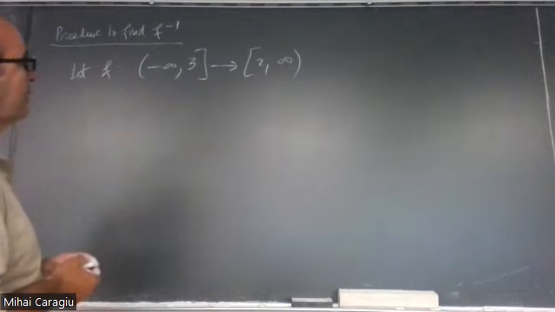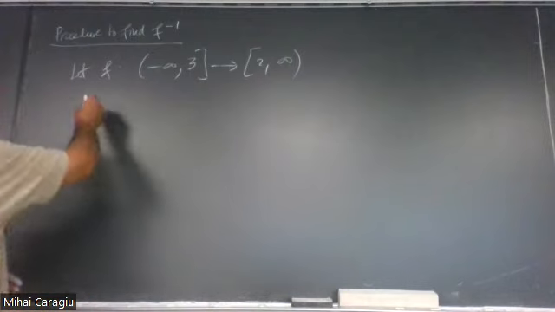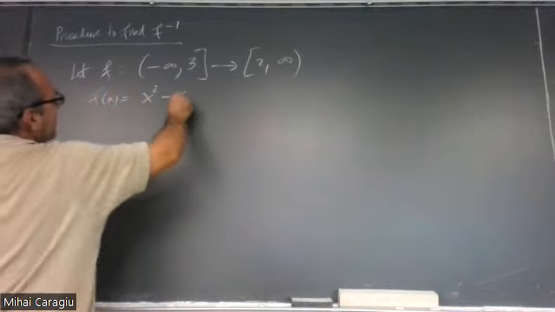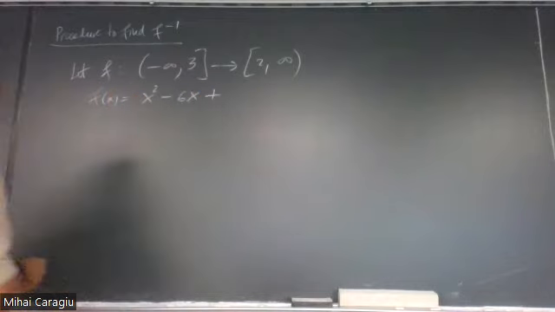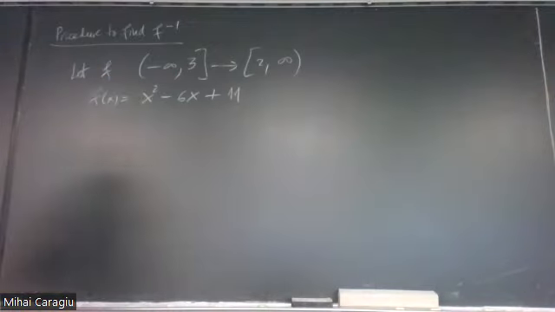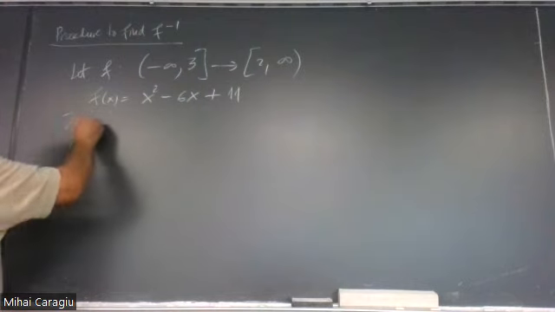The codomain is 2 to infinity. So f of x equals x squared minus 6x plus 11. Is f invertible? If it is, find the formula for the inverse.